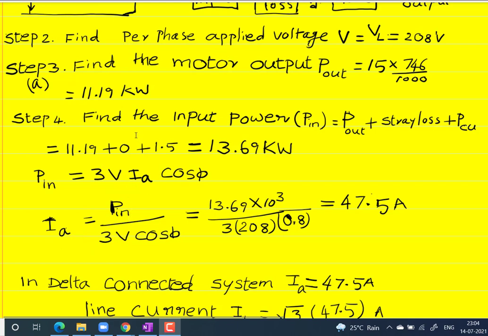We know the input power, 13.69 kilowatts, the applied voltage, and the power factor. So 13.69 into 10 cube divided by 3 into 208 into 0.8 gives us 47.5 amperes. The 10 cube comes because we are converting 13.69 kilowatts into watts.